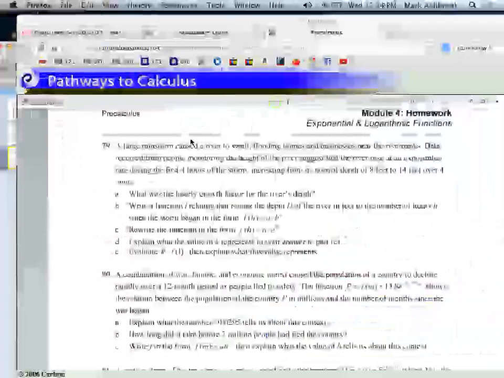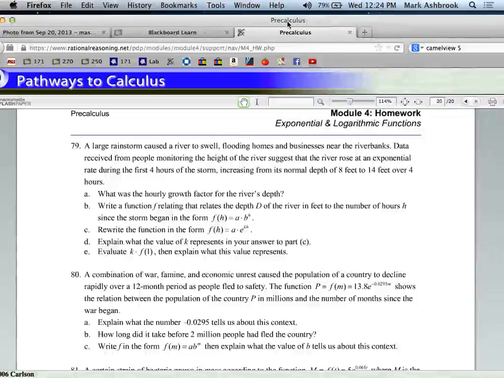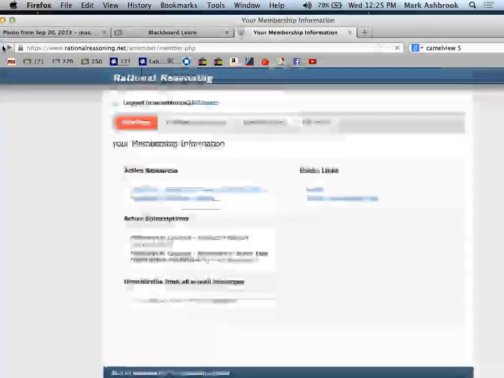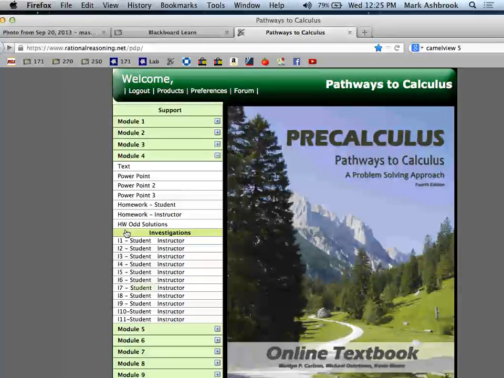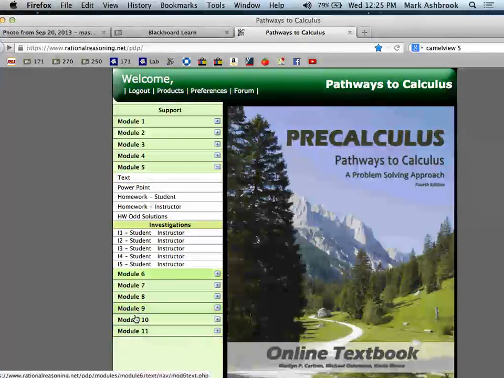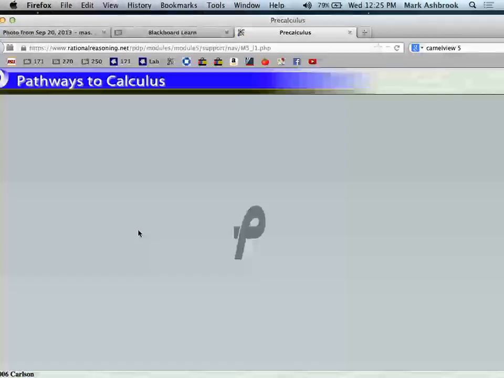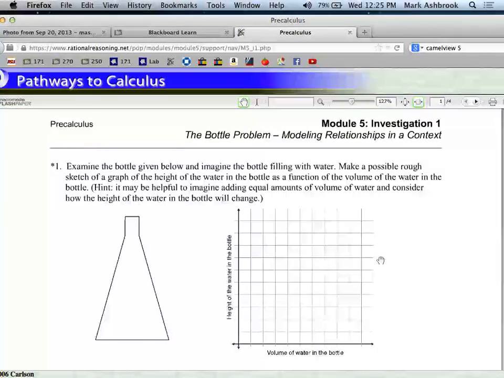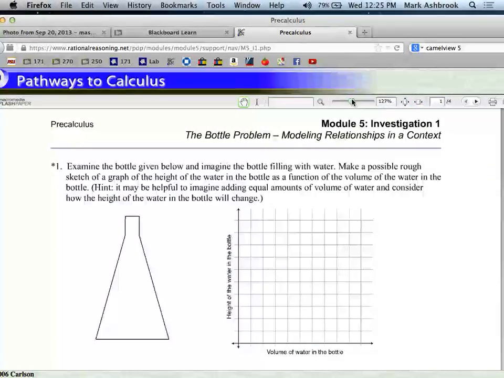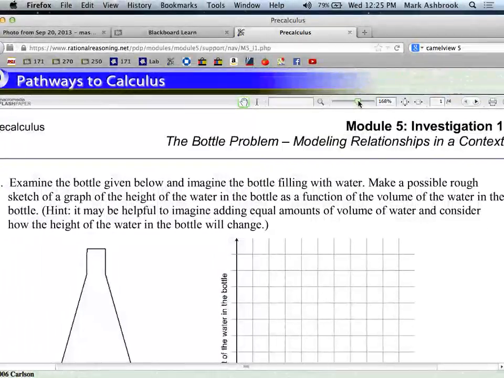So the first one we want to look at is, you've got a graph for it, page 183. So this is Module 5, Investigation 1. You imagine a bottle given below.